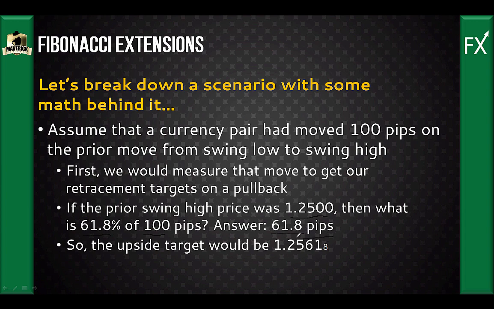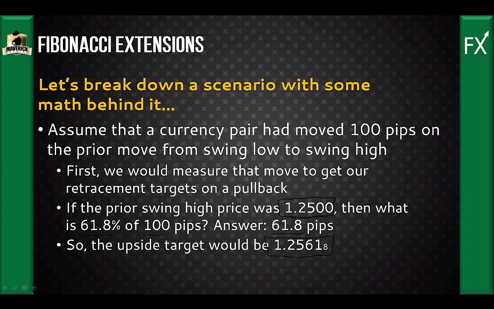So it would give you a target of 61.8 pips above the prior swing highs on a bullish target. If this were a bearish example, you'd take 61.8% of the trading range and subtract it from the swing low, and that would give you your downside target.